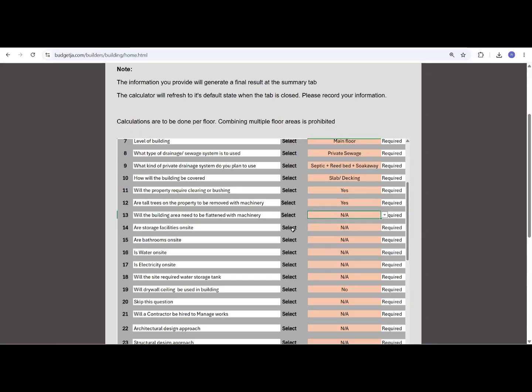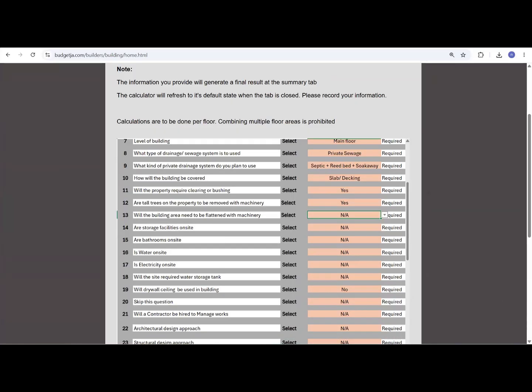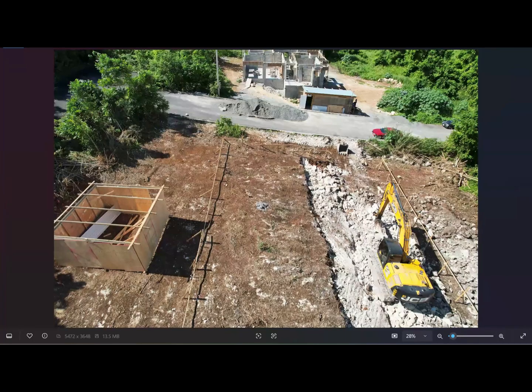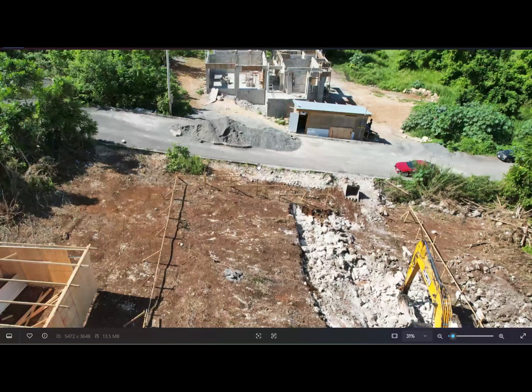The other question, at 13, is asking, will the building area be required to be flattened with machinery? And that is similar to what you see here, where you have to carry in equipment to split the land to allow for a split level, a lower level, similar to what's seen next door here, and a higher level.